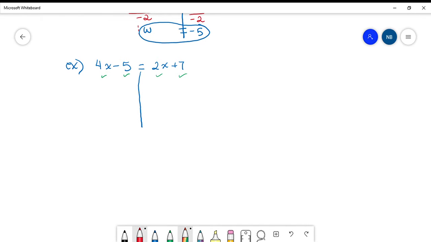Now remember, there's one rule for solving. If you do it to one side, you have to do it to the other side. Same thing. I need my x's. I need to have x only on one side of the equation. So what I want to do is move the 2x by taking it away from the right side and putting it on the left side.